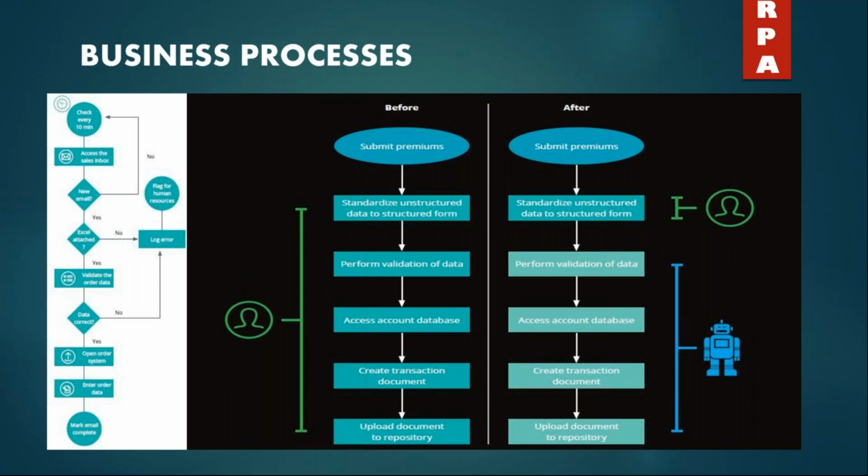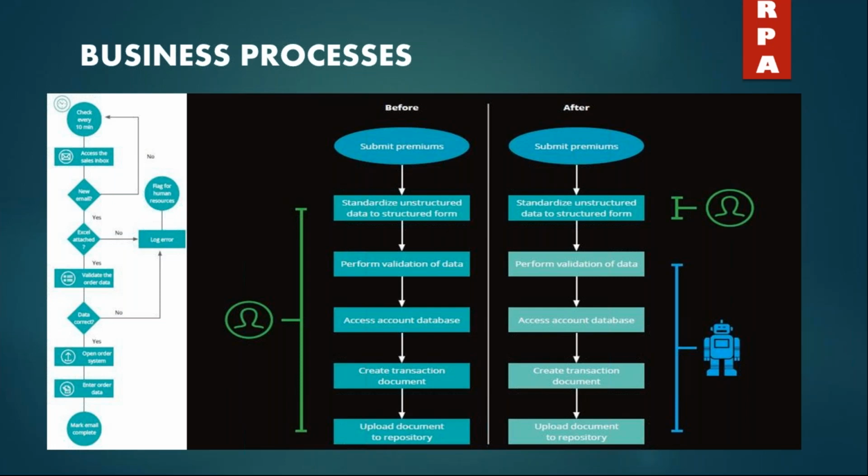That means a human is involved in that step. That is a decision making step, whether we need to submit the premium to that particular policy holder or not. For that reason, that step we execute manually.